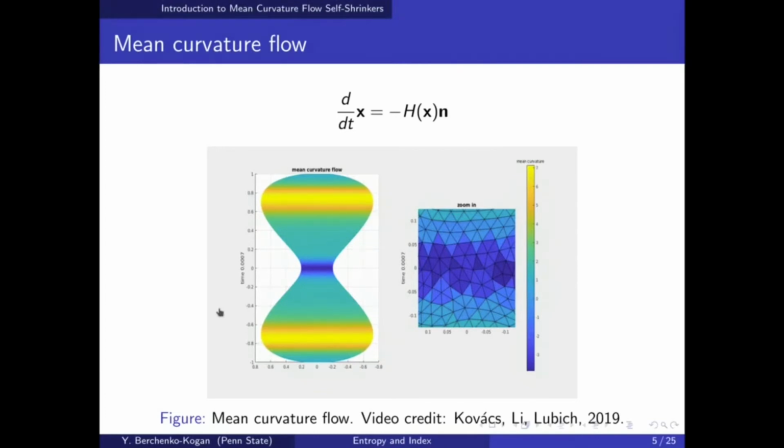Now, mean curvature flow is a little more complicated in the sense that there are now two curvatures. So at this waist, there is this sort of curvature that I'm illustrating with the cursor right now that is trying to push that point outward. But there's also the waist itself, which is curved inward, which is trying to push this point inwards.